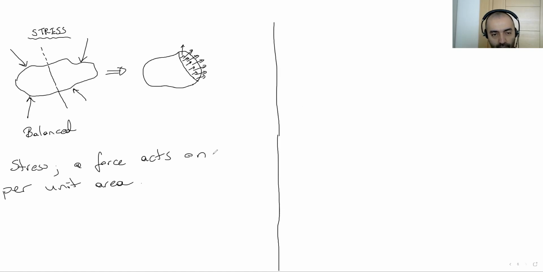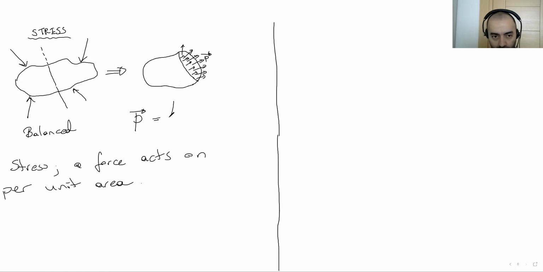So to calculate the force here, for example, these are the forces.